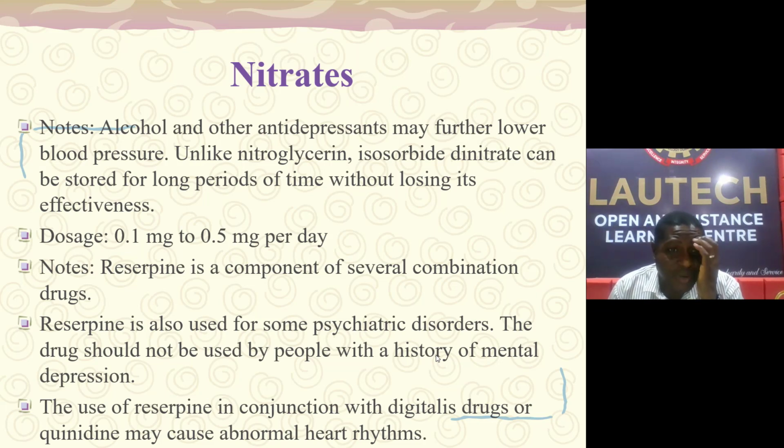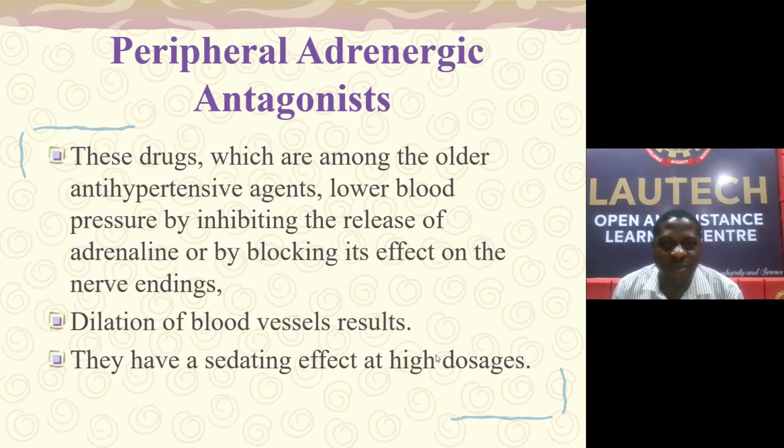Note, reserpine is a component of several combination drugs. Reserpine is also used for some psychiatric disorders. The drug should not be used by people with a history of mental depression. The use of reserpine in conjunction with digitalis drugs or quinidine may cause abnormal heart rhythms. Take note of that information.